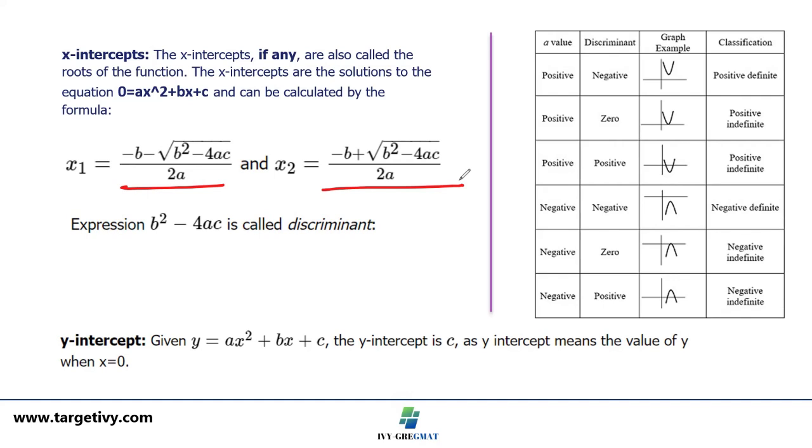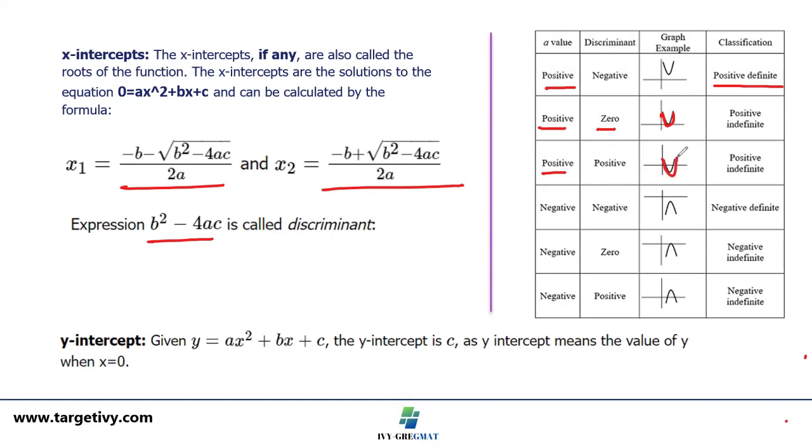If the value of a is positive and the discriminant, b square minus 4ac, is negative, then the graph will look something like this, positive definite. If it is 0, then you can see the graph dips further.